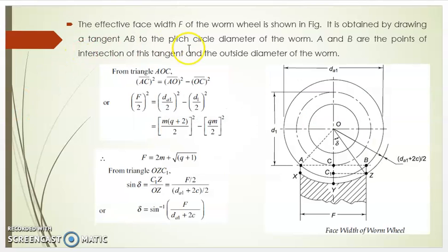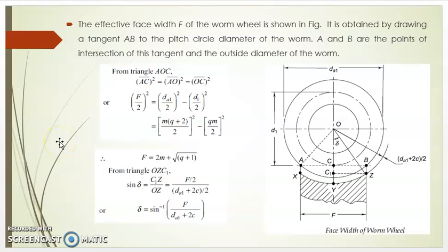The effective face width F of the worm wheel is shown in the figure. It is obtained by drawing a tangent AB to the pitch circle diameter of the worm. See that this is the pitch circle diameter. This AB is tangential to the pitch circle diameter.